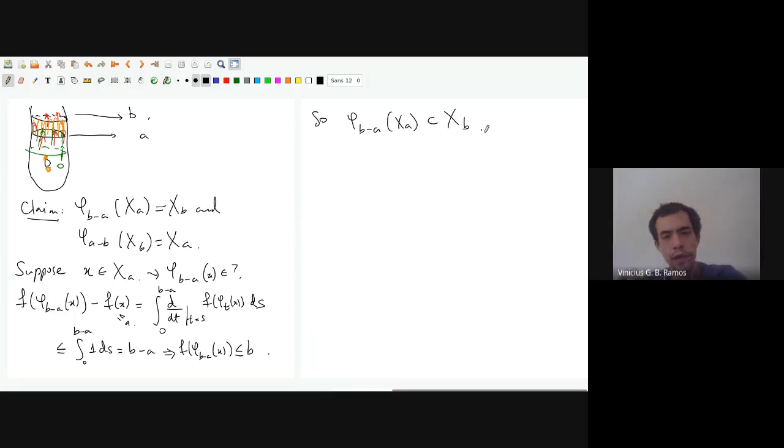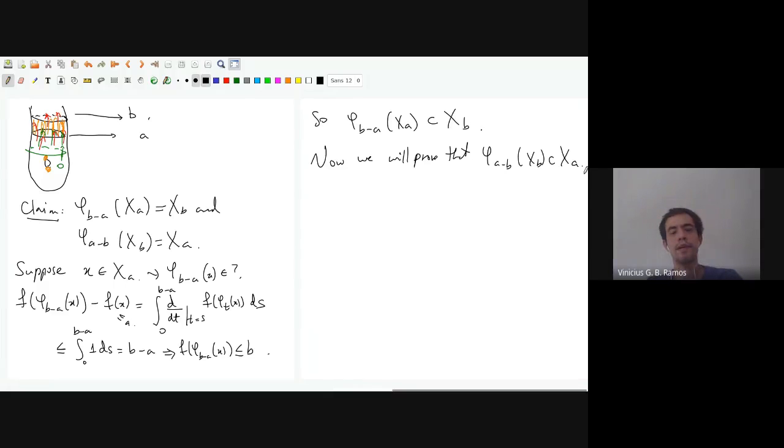We actually don't need to prove the equality. But now what we're going to do is prove that phi of a minus b of x_b is contained in x_a.